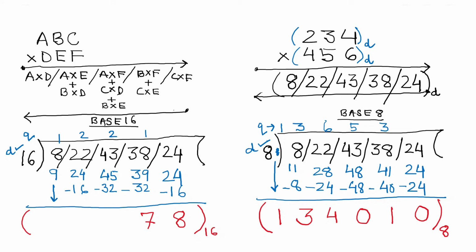Now we cannot have a double digit number, and we know that in base 16 A is given a value of 10, B is given a value of 11, C is given a value of 12, and D is given a value of 13. So since this is 13, this will be written as D, which is a single digit number of base 16. 24 minus 16 is 8, followed by 9. So this is the final answer that you should get from here.